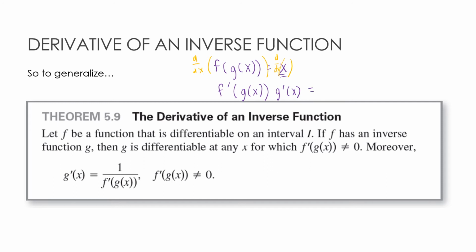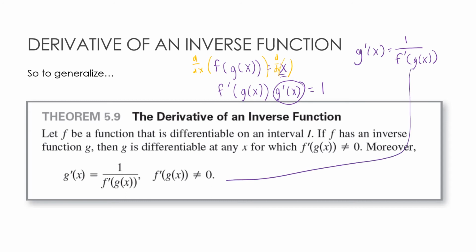On the right side, the derivative of x is just 1, and I can see from here that if I'm trying to get this by itself, then I get g prime of x equals 1 divided by f prime of g of x. So that's where this comes from, is just deriving the composition of an inverse function.